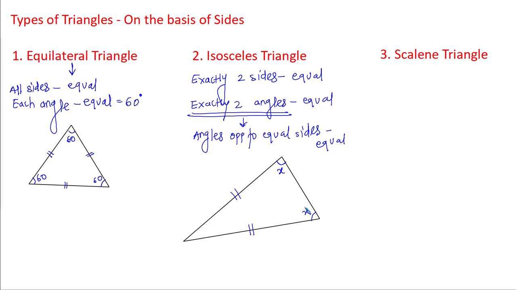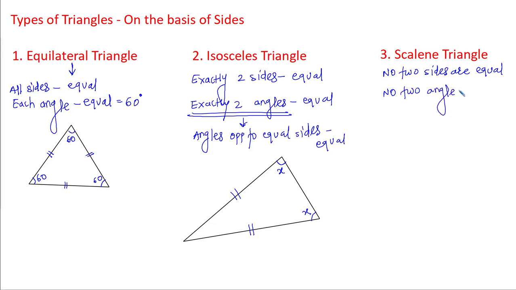Now let's have a look at the third type of triangle, the scalene triangle. A scalene triangle is a triangle in which no two sides are equal, and no two angles are equal.